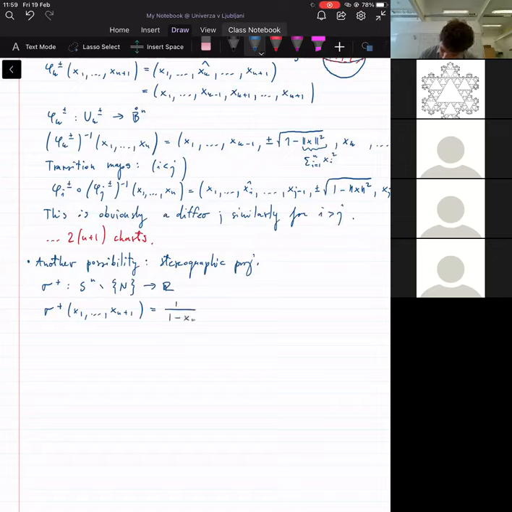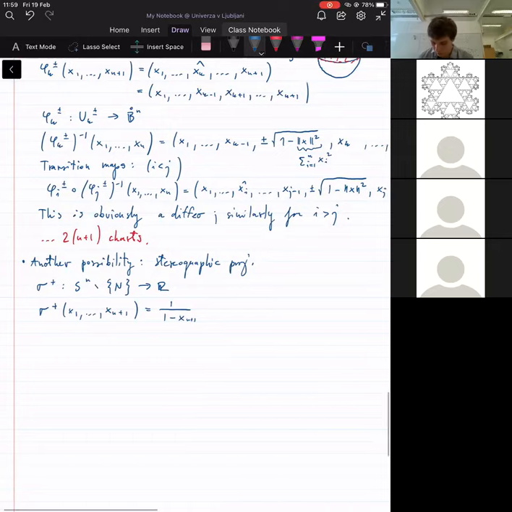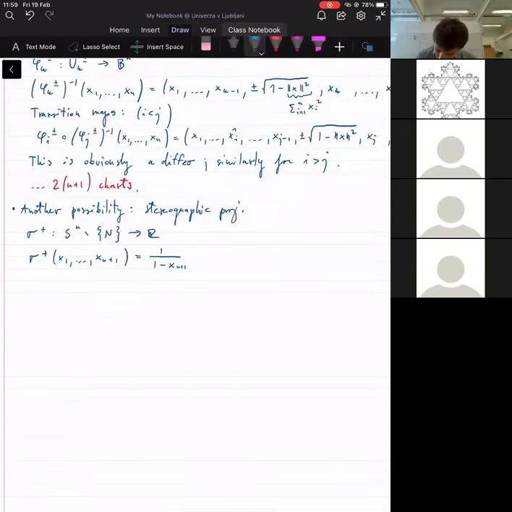So this is from the intuitive argument from your analysis 2 course. There's a nice derivation of this formula of the stereographic projection, which we are not going to do, obviously. And we plug here x1 and xn.